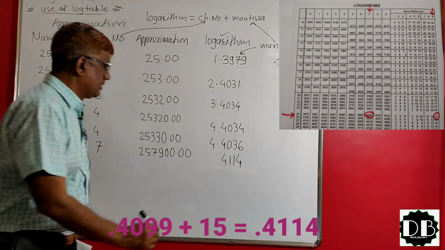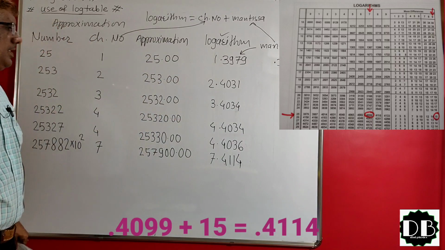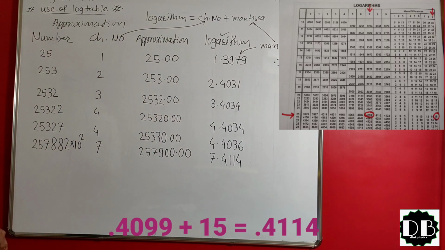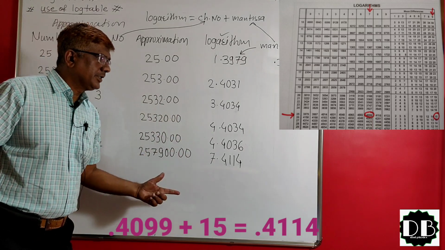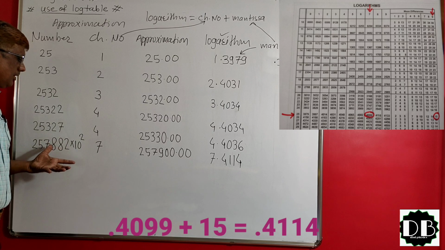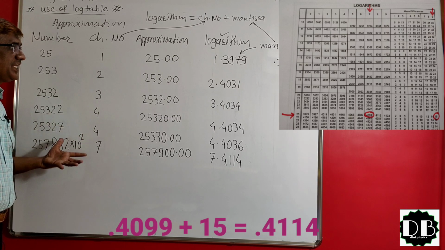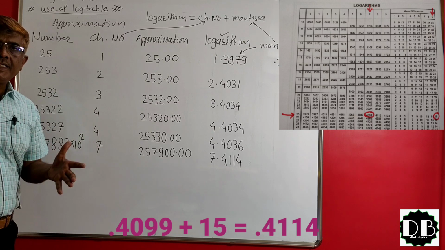Character number is 7. In this way, we have the logarithm of these numbers. In this way, you can bring out the logarithm of any number.